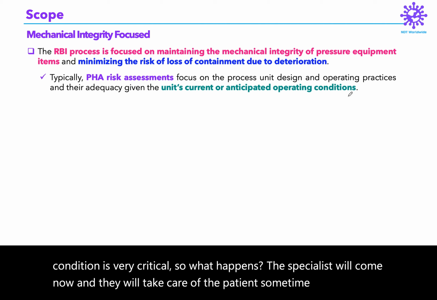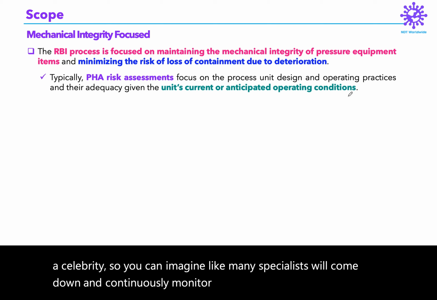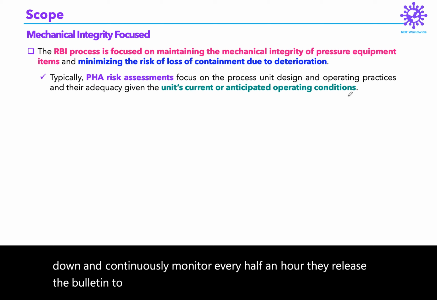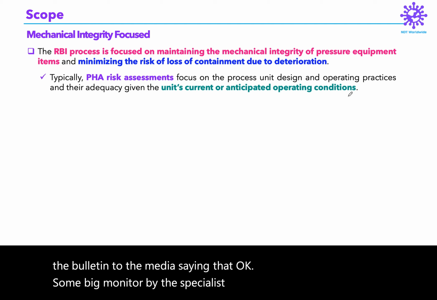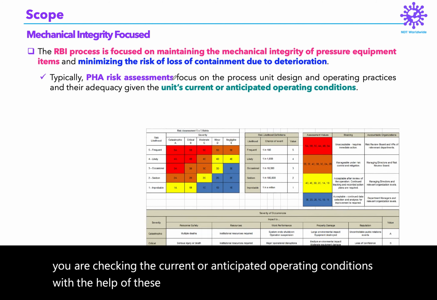Sometimes if this guy is a celebrity, you can imagine many specialists will come down and continuously monitor. Every half an hour they release a bulletin to the media saying that, okay, he is being monitored by the specialists, right? So the same thing, you are checking the current or anticipated operating conditions with the help of these risk assessments.